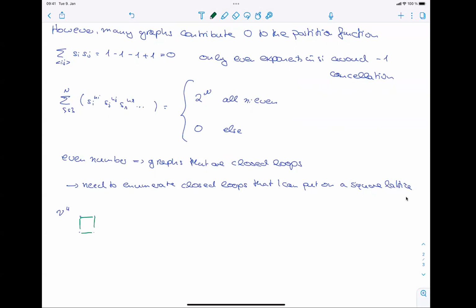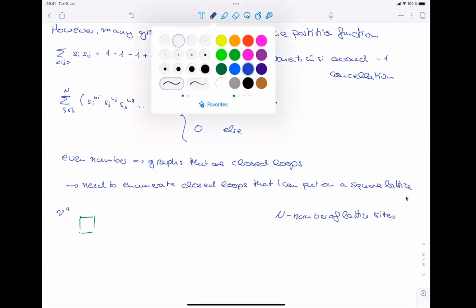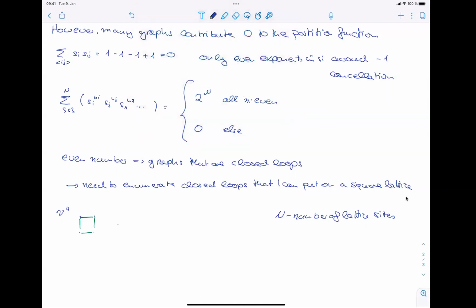If n enumerates the number of lattice sides, then I can start my loop at all lattice points. So I have n different ways of how to put down a square. Of this term, I have n times.